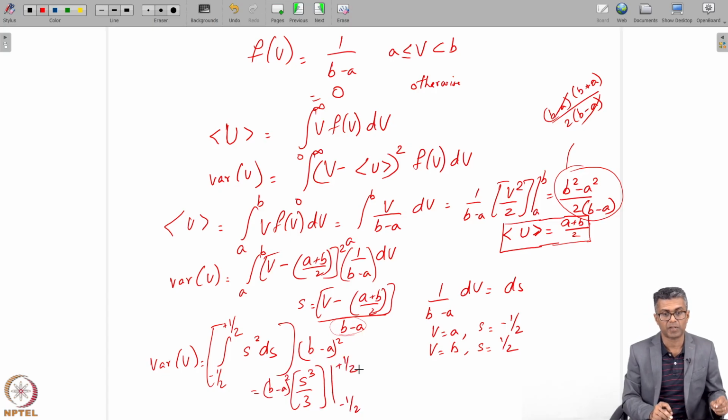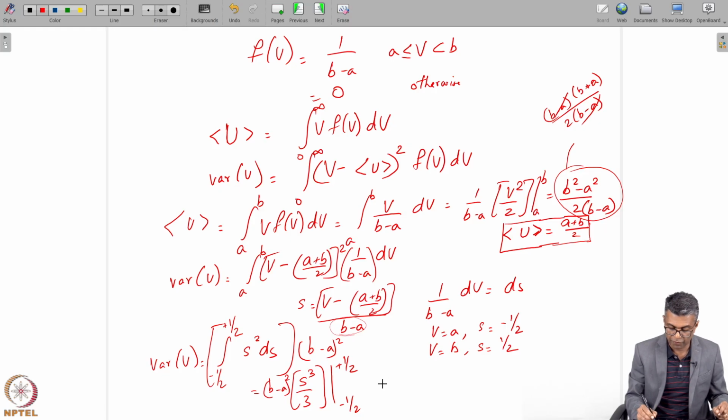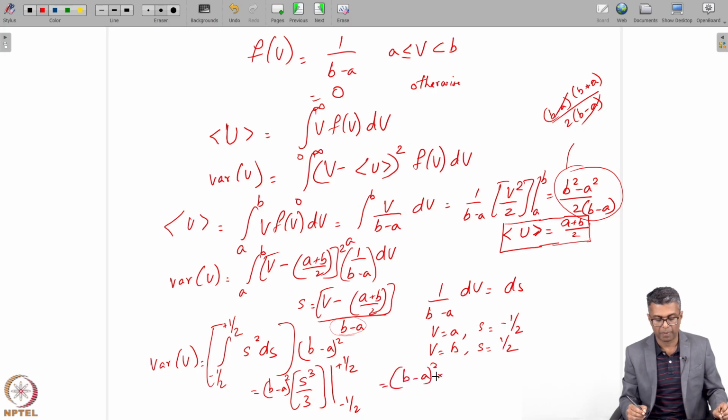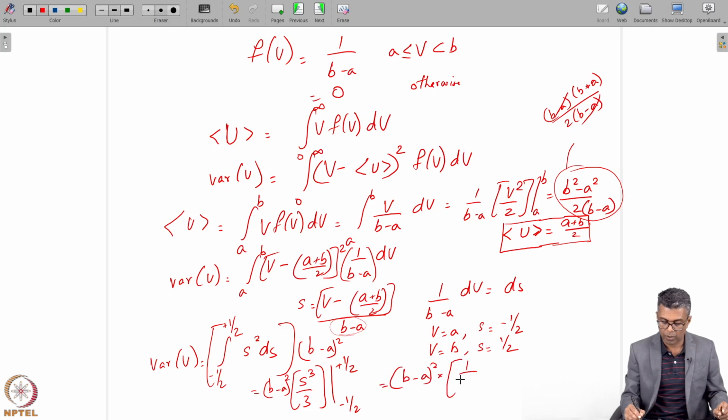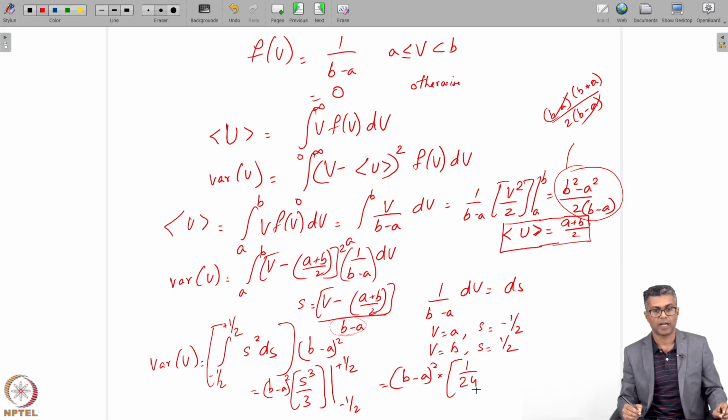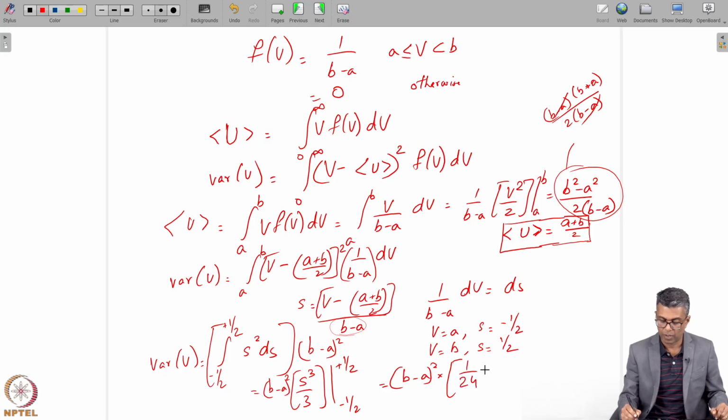So I have (b − a) squared multiplied by s cubed over 3 going from minus half to plus half. Now if I do this, when I substitute it there, I'll get 1/24, isn't it? S cubed over 3, (1/2) cubed divided by 3, is 1/24, and then I'll have plus 1/24, not 12, 1/24.